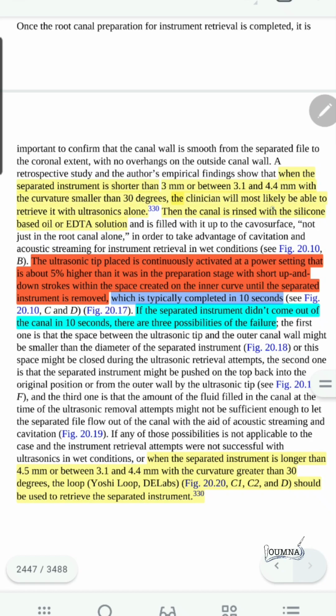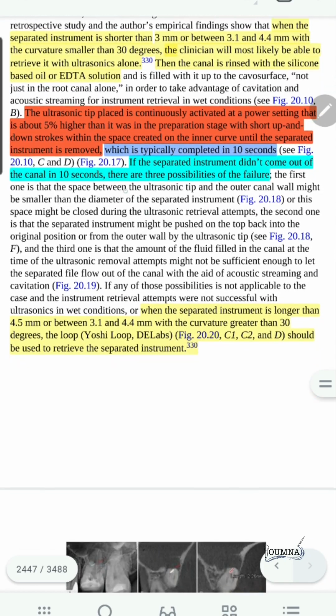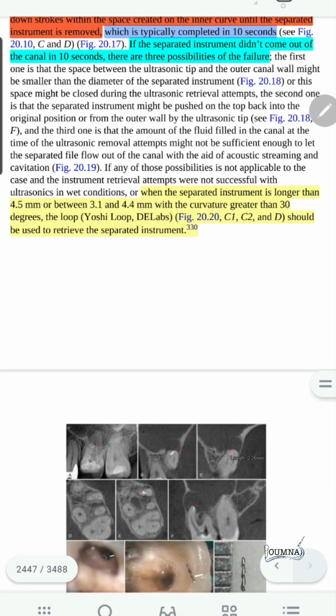The canal is rinsed with EDTA, and it eases the retrieval. After completing the preparation of the canal, taking out the file actually takes no more than 10 seconds.